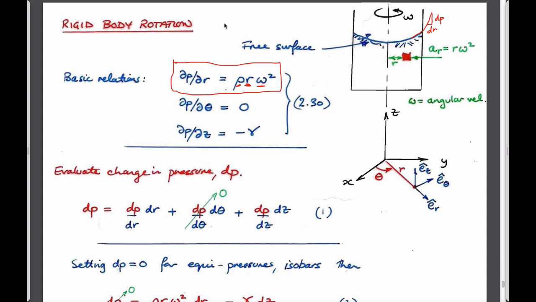You should know that the rotational velocity is equal to the radius multiplied by the angular rotation. We've seen that before. So this is v theta, this is r, and if this is the fulcrum, this is the angular velocity.